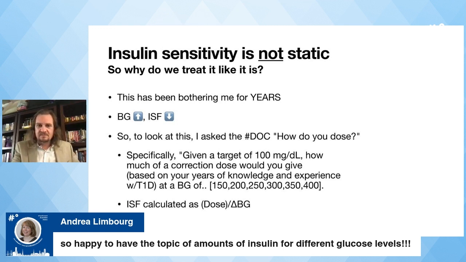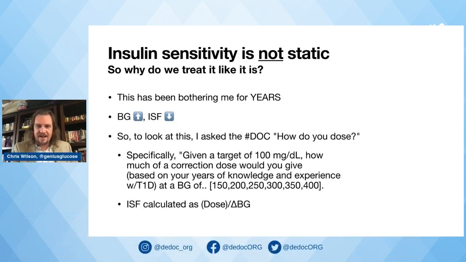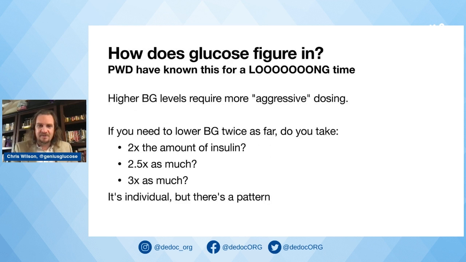But about a year and a half ago, I decided to see if other people were seeing this, and if so, if there was some sort of a pattern. So I've listed the question that I asked of people, and I took all those answers and did some arithmetic, not math, with them to figure out how blood glucose levels fit in.